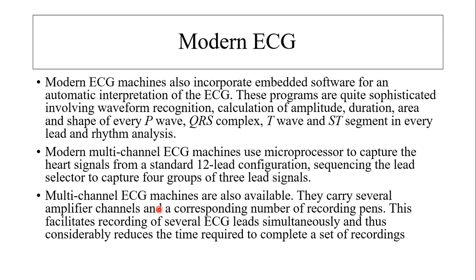They can find the shape of the P wave, QRS complex, T wave, and ST segment in every lead, analyze the rhythm according to the different lead outputs, and give a diagnosis which is comfortable for the cardiologist.